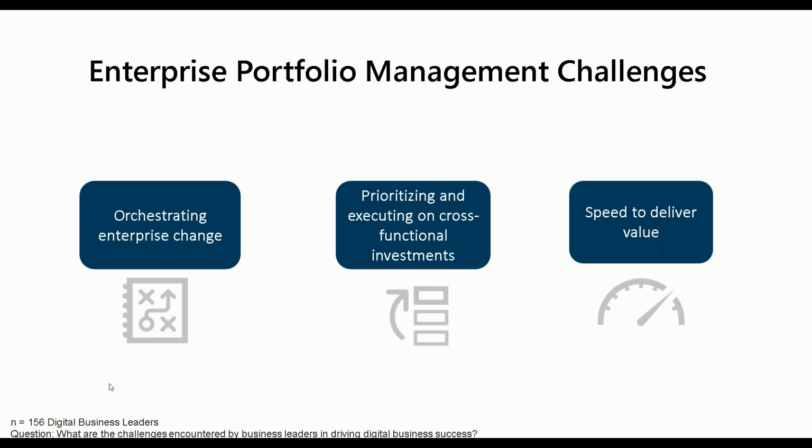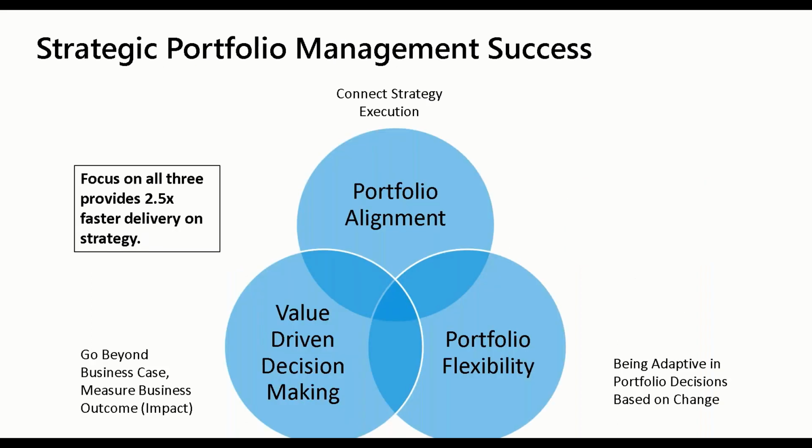Again, the challenge continues. We need to be able to achieve delivery of that value at an accelerated pace. And at the same time, success has been proven by organizations that are able to connect these three dynamics, which is achieving alignment, which is really connecting strategy to execution.